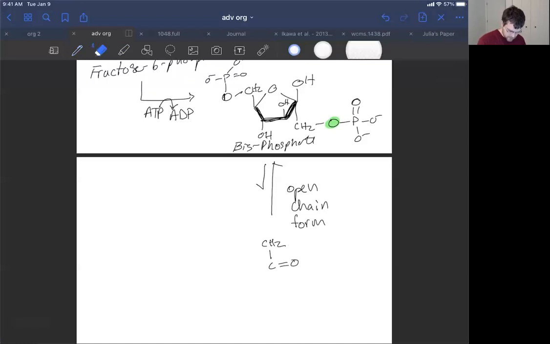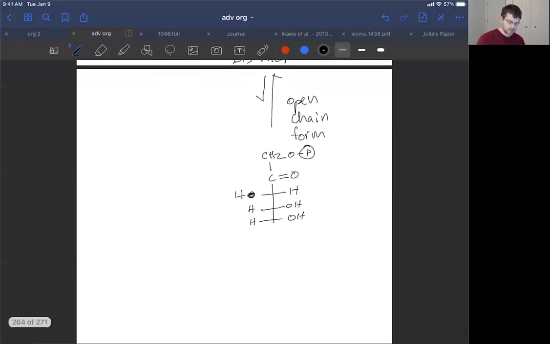I'm just going to draw the phosphate group as a P with a circle around it. Okay, so there's one. Now I'm going to go H, OH, and then OH, OH to set the proper stereochemistry.